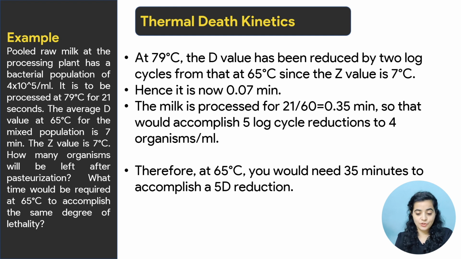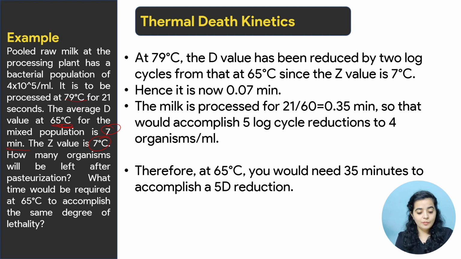Now what do we have in this question? The Z value is 7 degrees Celsius and the D value is 7 minutes at 65 degrees Celsius. So let us see the difference between the processing temperature and the reference temperature, which is 65 degrees Celsius in this case.